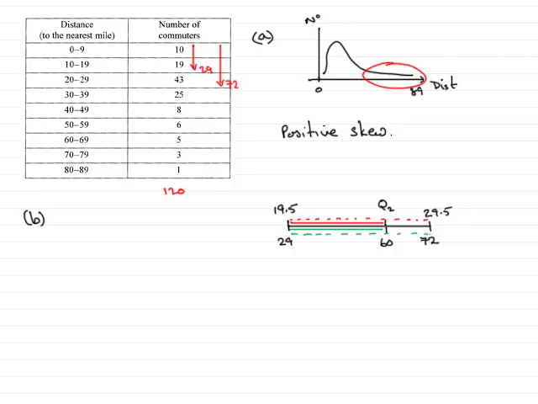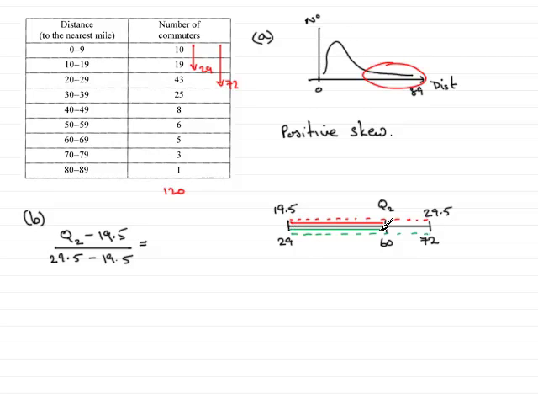And so as a sum, all I've got to do then is just write that down: Q2 minus 19.5 compared with this interval, the red dotted line, that is 29.5 minus 19.5, is exactly the same as comparing these green intervals.